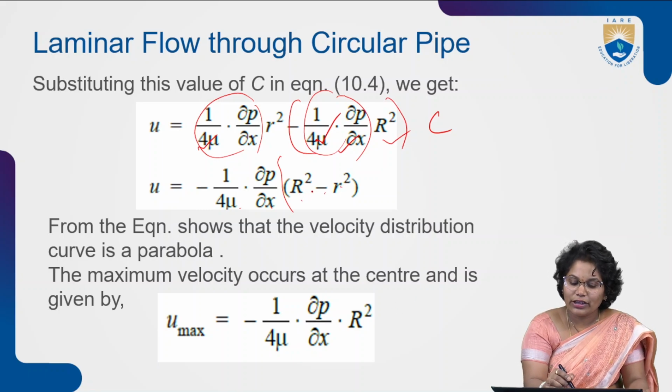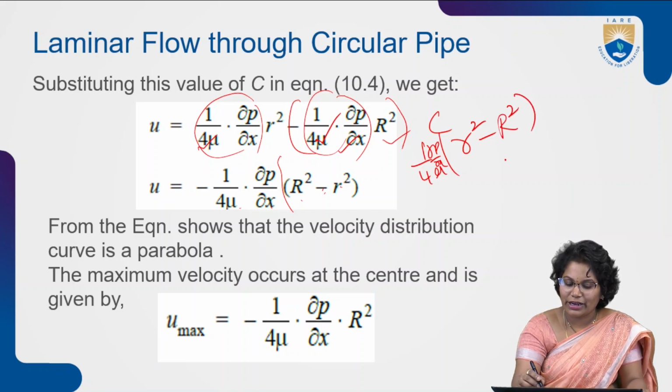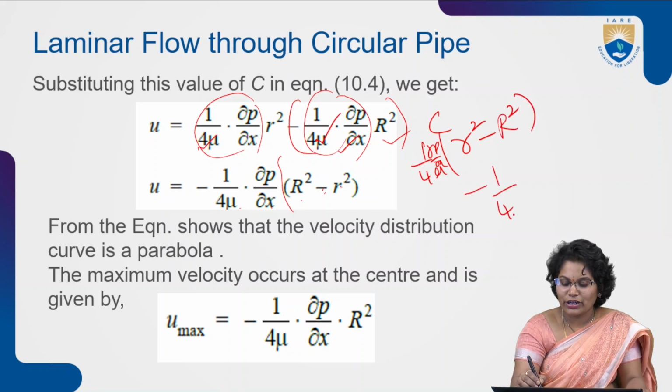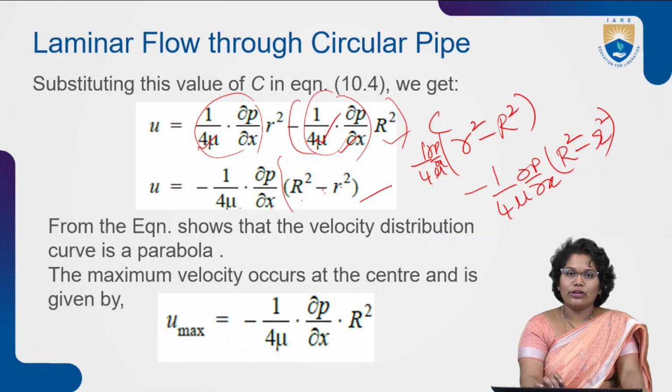Taking the minus common, we get u is equal to minus 1 by 4 mu dou p by dou x into R square minus small r square. This is the velocity we got.